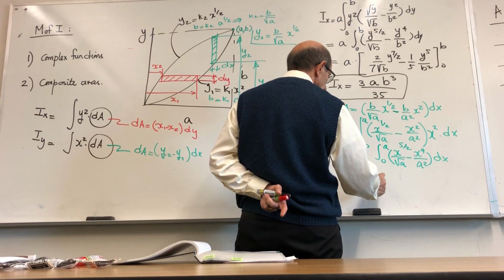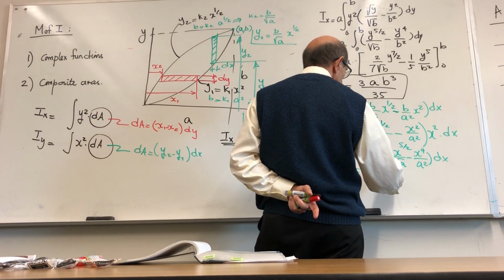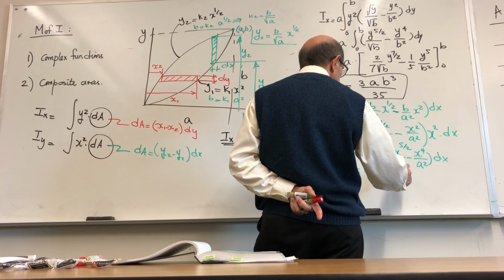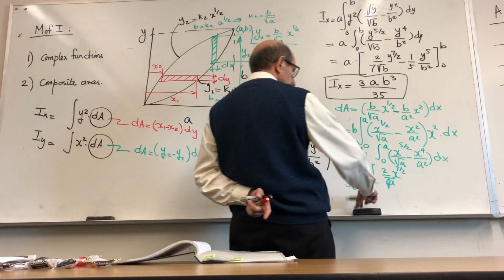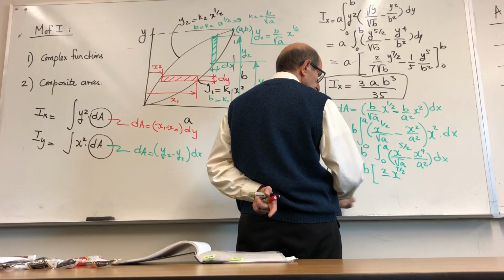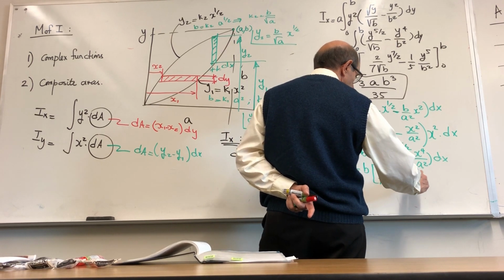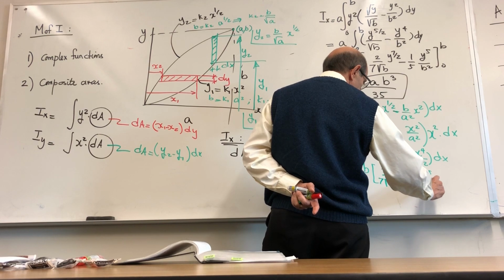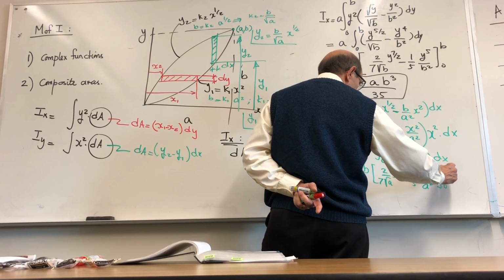Simplify that and perform the integration, you get again 2/7 x^(7/2) divided by square root of a, minus 1/5 x to the 5 divided by a squared, from 0 to a.